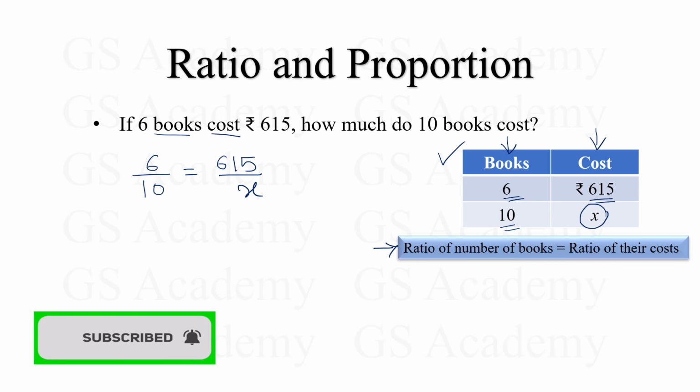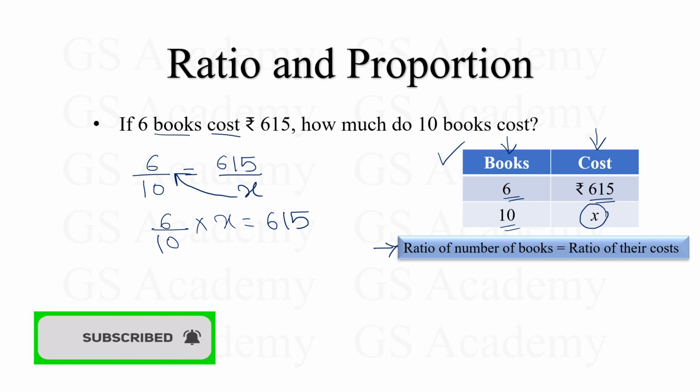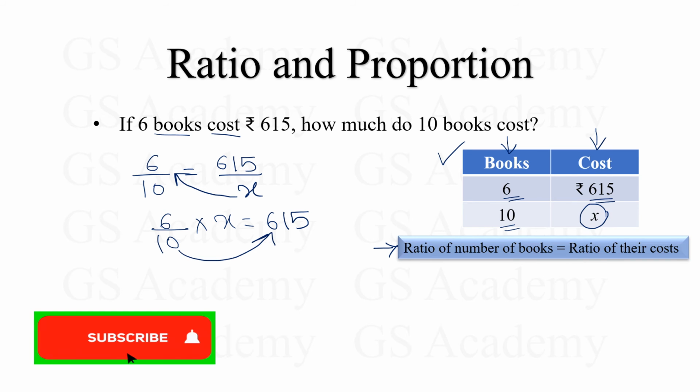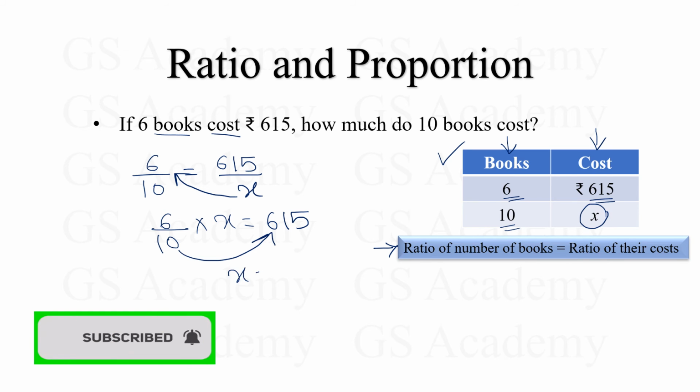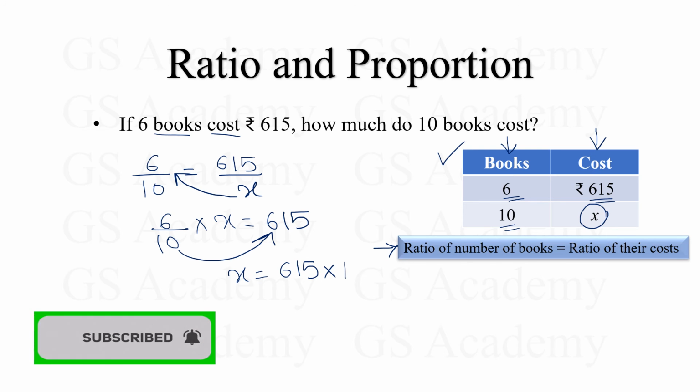Now in order to find the value of X, we will shift this X here. So this will become 6 upon 10 into X is equal to 615. We will shift this fraction here. So X is equal to 615 into 10 upon 6.